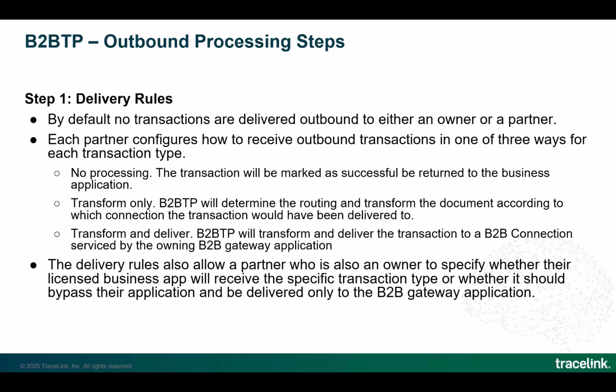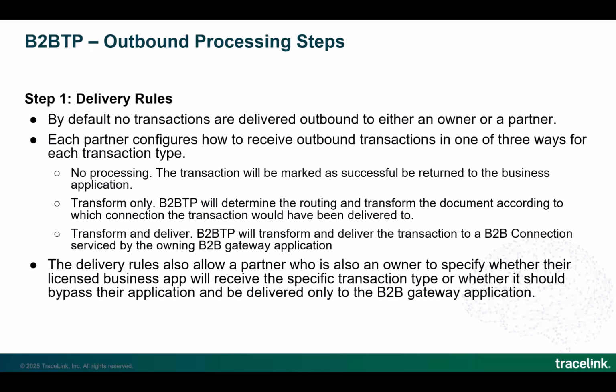If this is a service to service use case where Mint 1 is talking to Mint 2, that happens through canonicals, right? You don't need to transform data. So, no processing, then transform only. What the transform only option does is take the outbound canonical that was delivered from the Mint and run a transform on the receiver system, which is an outbound transform. Once the outbound file is generated, it will just stop there.